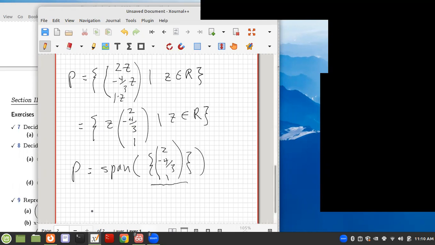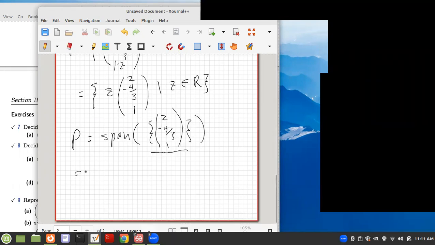So a single vector is linearly independent. And although it's a little pedantic, we could go through and ask, why is it linearly independent? We could apply the test, because it's not a linear combination of any other vectors in the set.